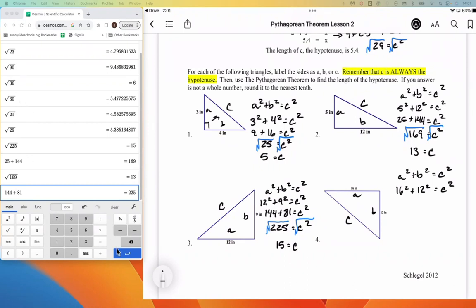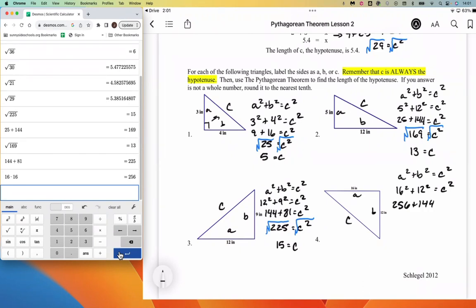We're going to check. 256 plus 144 equals c squared. I think that that's going to give us 400 equals c squared. I'm just going to double check.